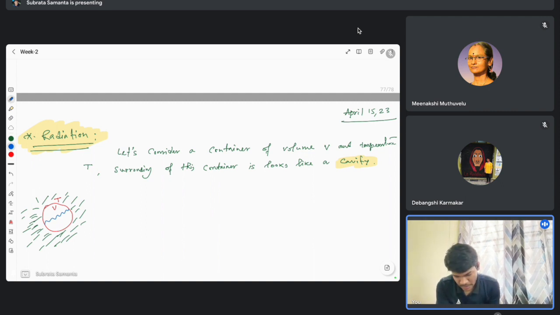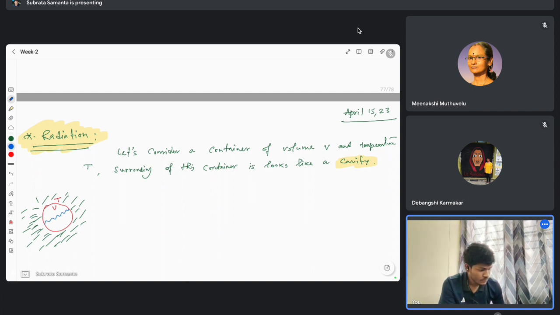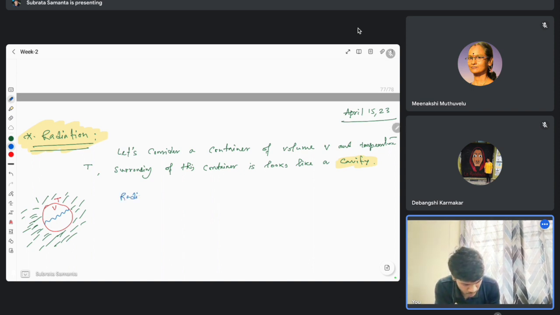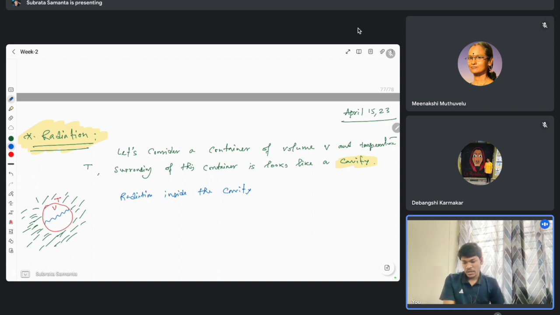And the radiation inside the cavity is in thermal equilibrium with the cavity wall.